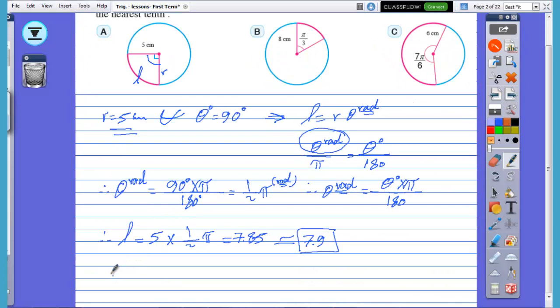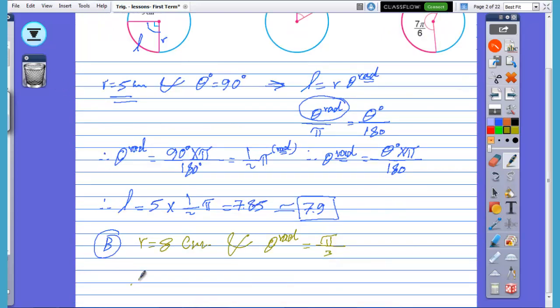In letter B, we have R, the radius, equals 8 centimeters, and theta in radian measure equals pi over 3.